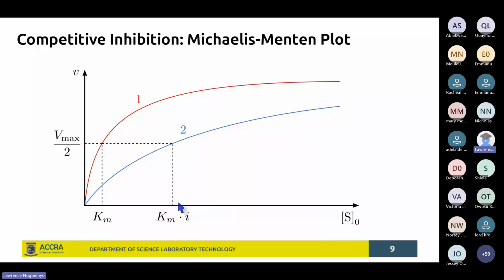Once you add more sugar into the reaction mixture, that sugar will displace the inhibitor from the amylase, and the amylase is now free to carry out the reactions, to catalyze the reaction on the sugar. And so you increase the rate of the reaction, even though the inhibitor is there, because you now have more substrate.